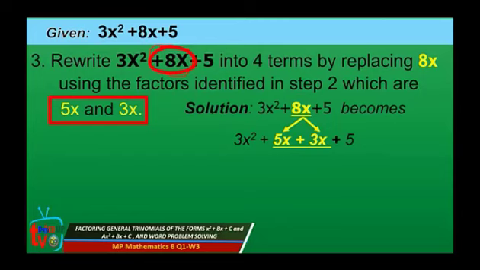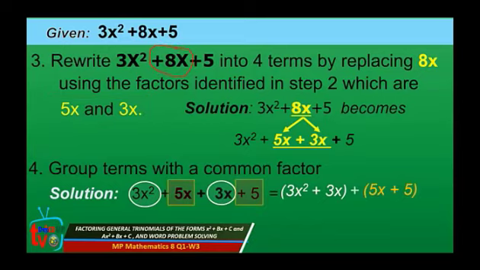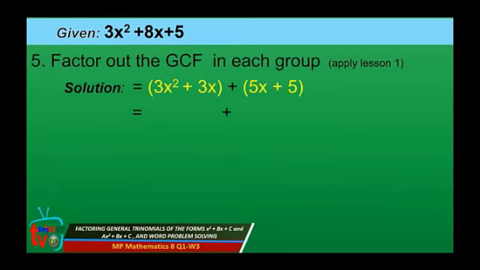Next, we group the terms with a common factor. In our polynomial, we'll group 3x squared and 3x together, and 5x and 5 also. Step 5. Let's factor out the GCF in each group. In the group of 3x squared plus 3x, the GCF is 3x.